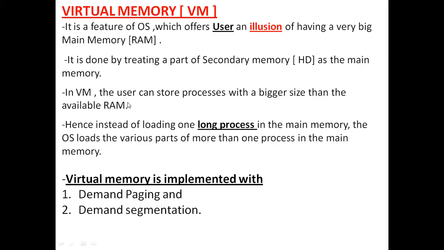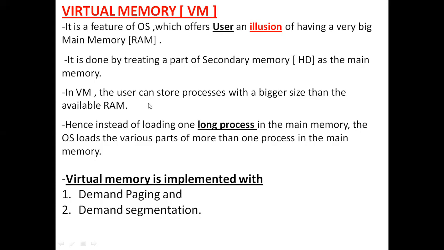For example, understand this: suppose the RAM size is 1 GB and the user program is 2 GB. Even then, I can execute the 2 GB process, even though the available RAM is 1 GB and smaller than the process.